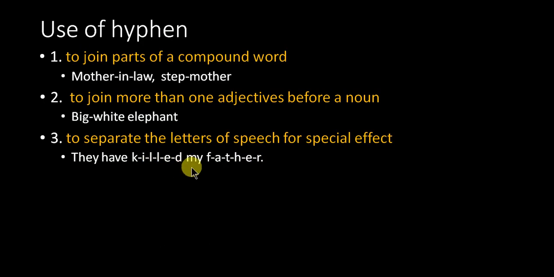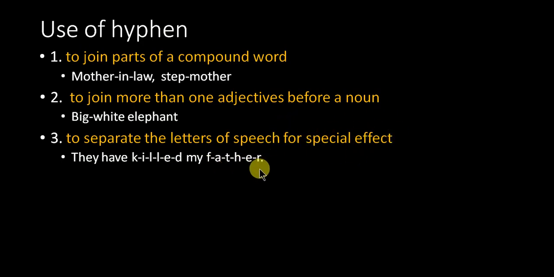In novels, in movies, when there is some special effect the speaker wants to show, for example, if he is terrified, if he is trembling, if he is feeling hesitation pronouncing the words, if he is afraid to pronounce the words to give the information, we write in this way in broken form to show that special effect of the speaker.